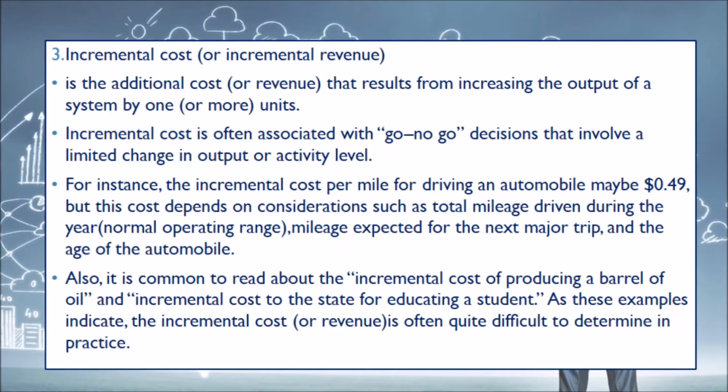For instance, the incremental cost per mile for driving an automobile may be 49 cents, but this cost depends on considerations such as total mileage driven during the year, mileage expected for the next major trip, and the age of the automobile. Also, it is common to read about the incremental cost of producing a barrel of oil and incremental cost to the state for educating a student. As these examples indicate, the incremental cost is often quite difficult to determine in practice.